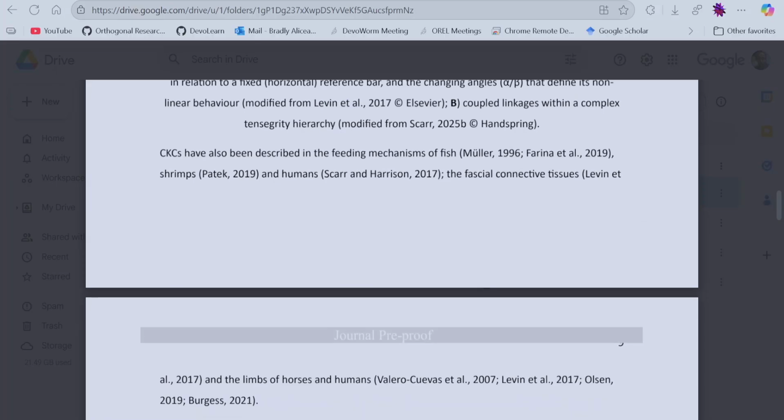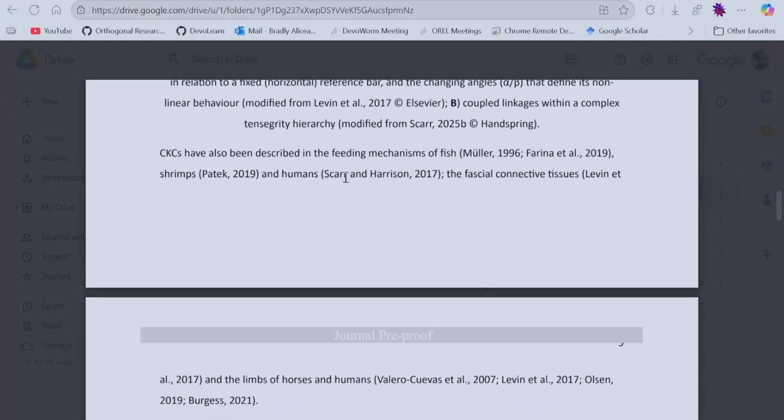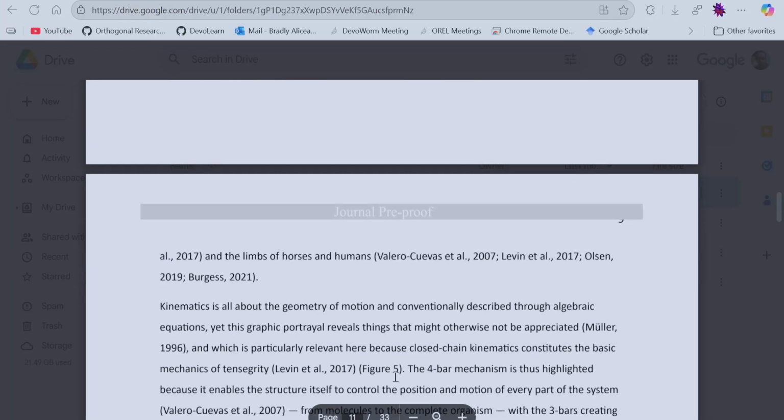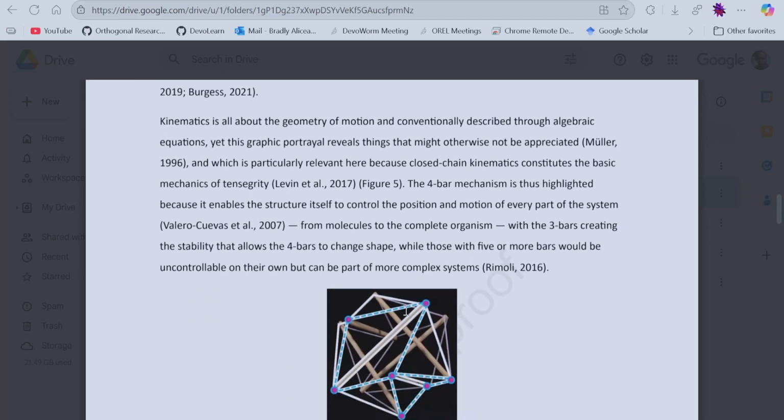So these closed kinematic chains have been described in the feeding mechanisms of fish, shrimps, and humans, the fascicle connective tissues, and the limbs of horses and humans. This is going into some of the biomechanics of kinematics, or biomechanics of tensegrity.